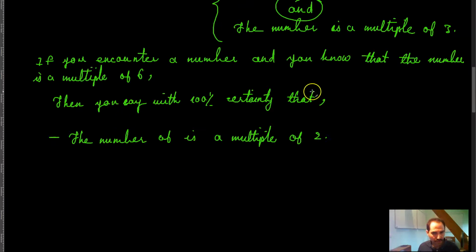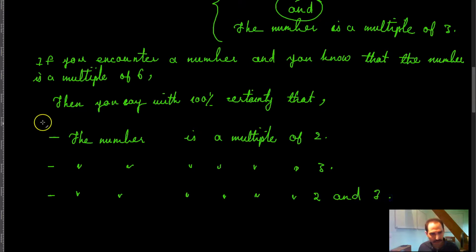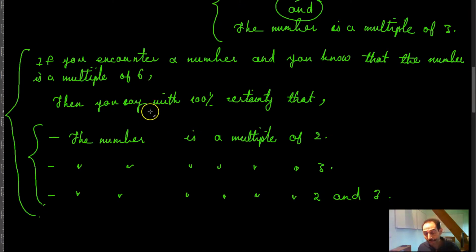Or you can say with 100% certainty that the number is a multiple of 3. Or you can say with 100% certainty that the number is a multiple of 2 and 3. So that's basically the meaning of this whole story.